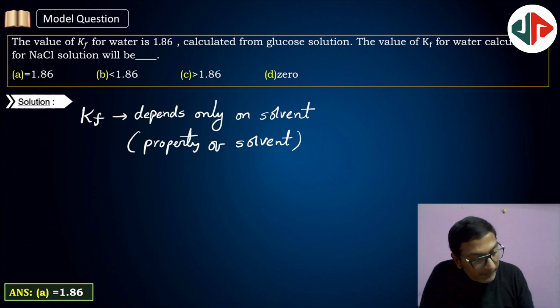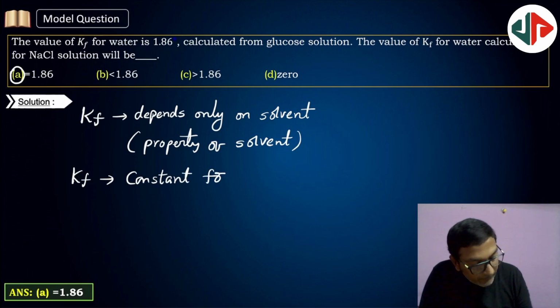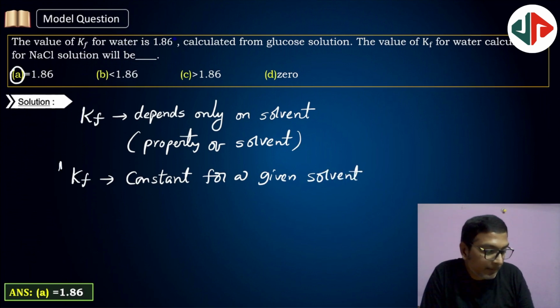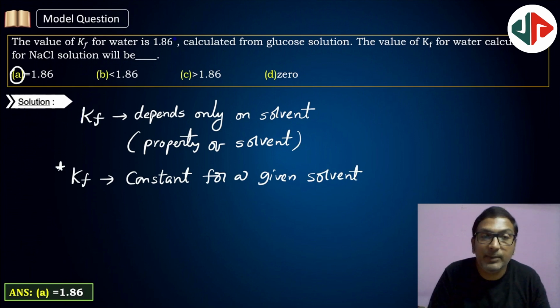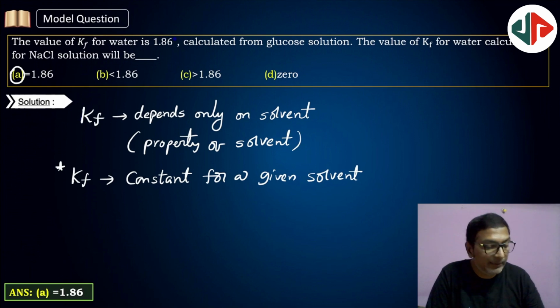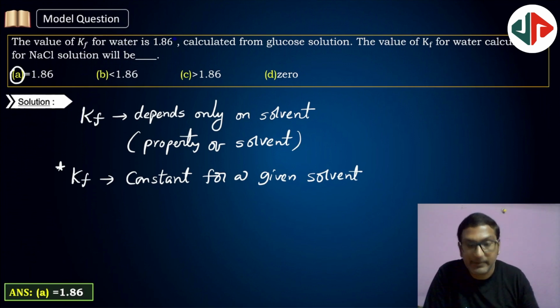So therefore, Kf equal to the same 1.86, option A. So Kf is constant for a given solvent. If solvent is same, Kf will be the same, independent of the amount or nature of solute. Equal to 1.86. Next.